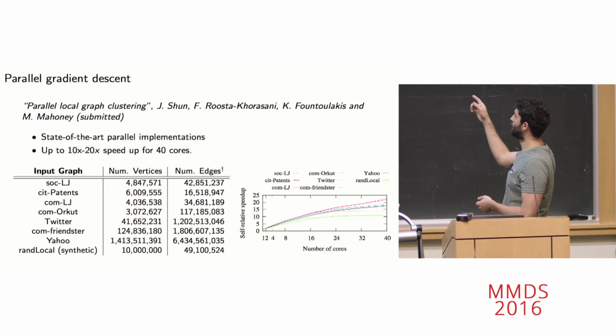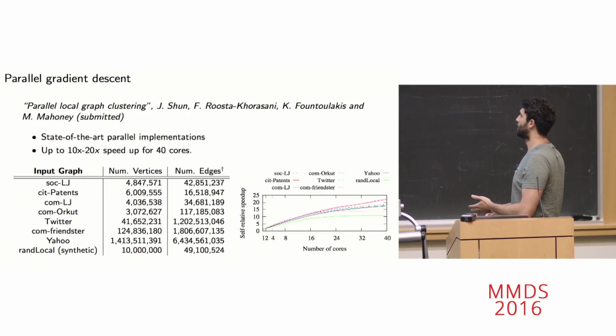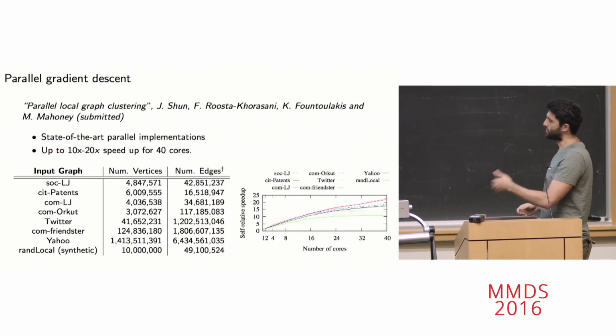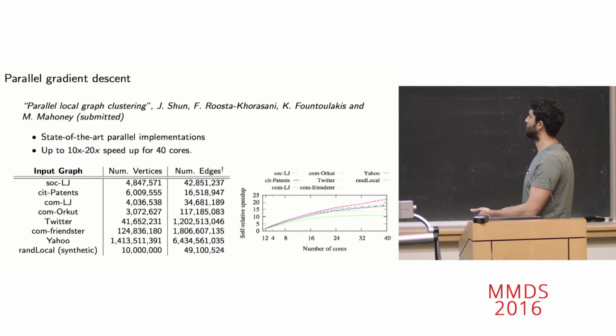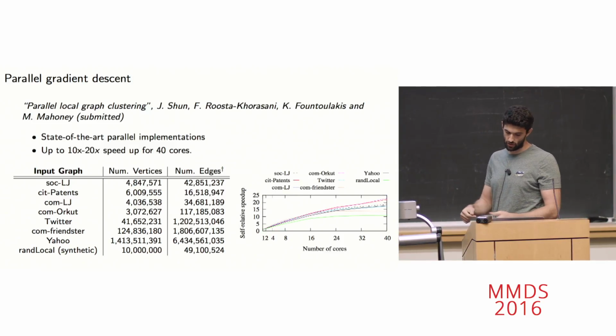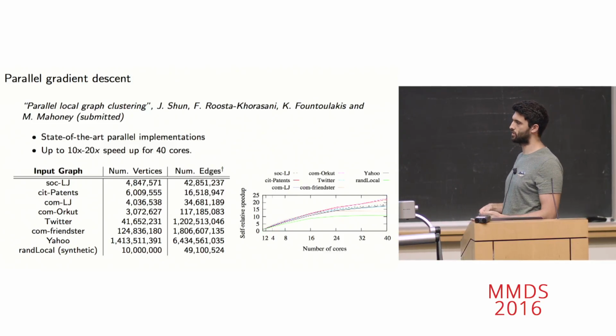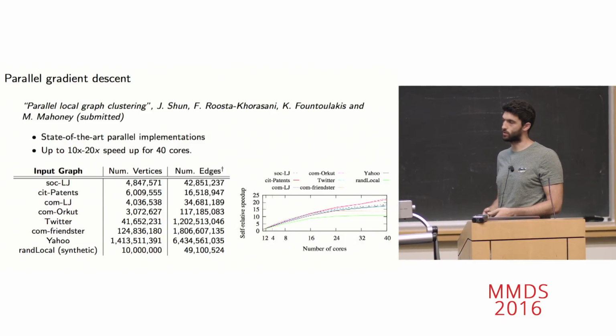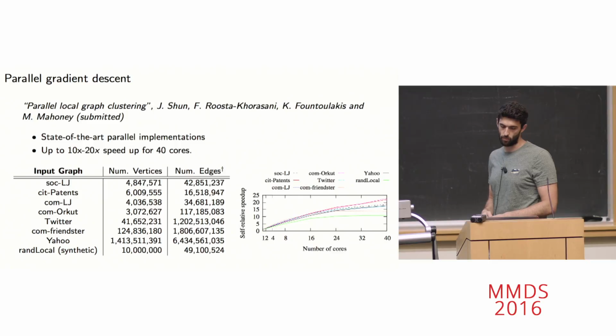What you see here on the right is the self-relative speedup for each of the problems on the left as the number of cores increases. So it scales pretty nicely with respect to the number of cores. And as he said yesterday, this is the reason that we're able to compute statistics on various graphs of billions of nodes.